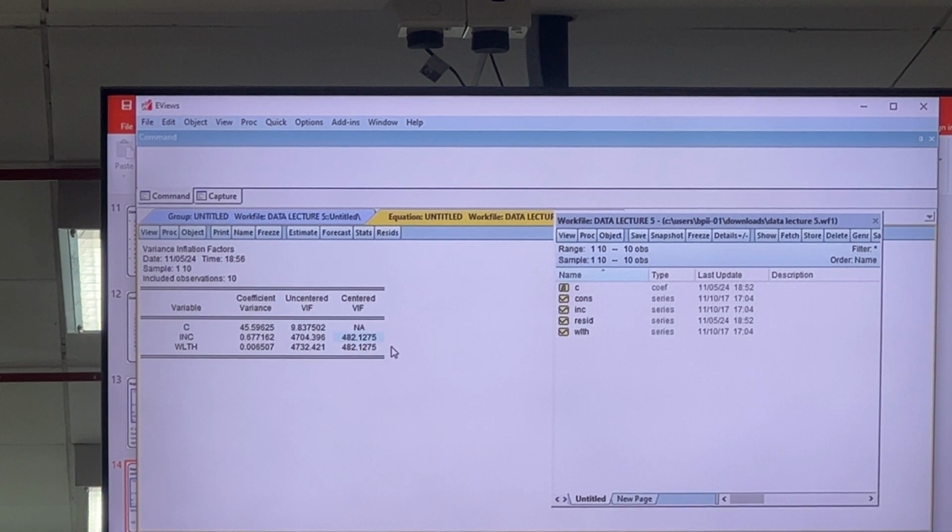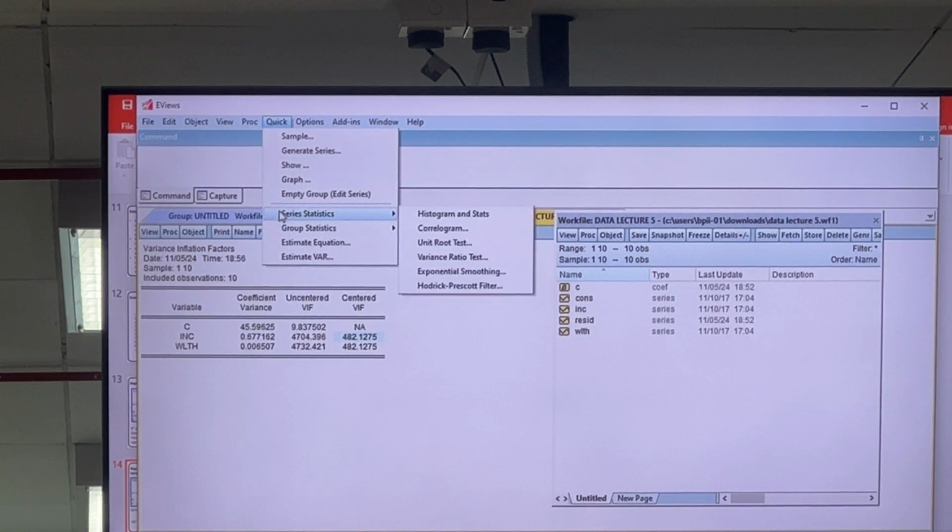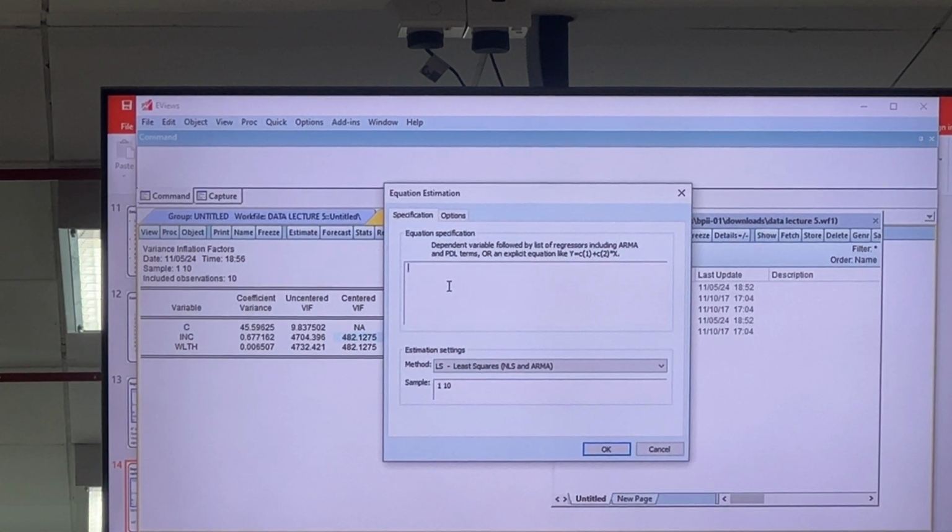If you have 3 variables, then you will get different values of the VIF for each variable. So for example, you regress income, INC, against wealth.